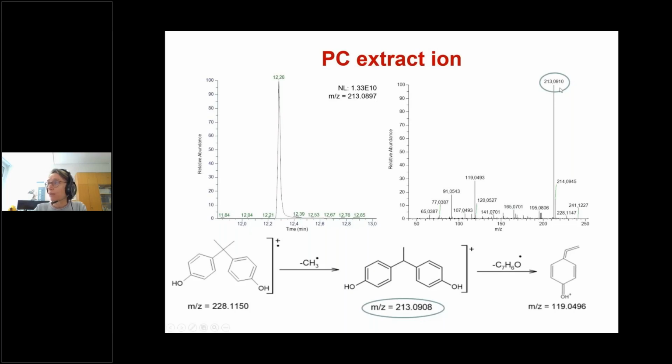We have this fragment here, and this is the one that we are using for quantifying this compound. Here we see the molecular weight at 228, which is very small, and then we have another fragment at exact mass that provides confirmation on the presence of polycarbonate polymers in the sample.